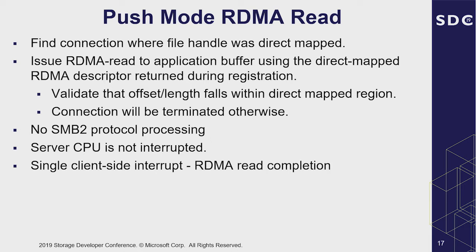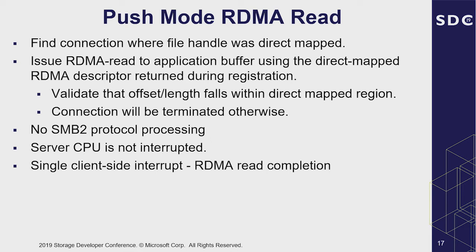The only thing that needs to be validated is that the region you're reading should fall within the registered region and so on. Otherwise, RDMA will just kill the connection. So there is no protocol involvement at all. There are no server-side CPU interrupts.